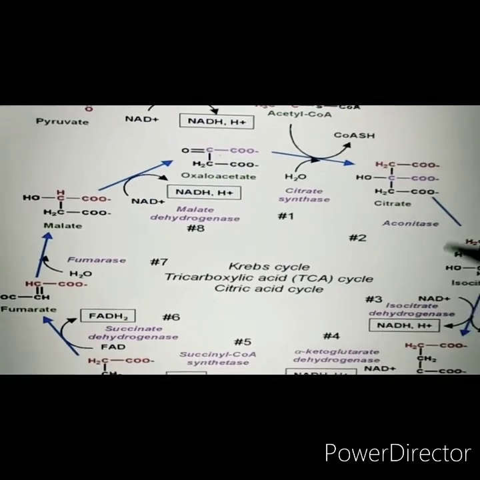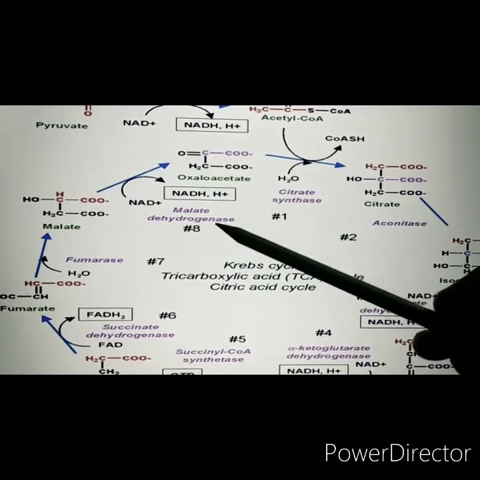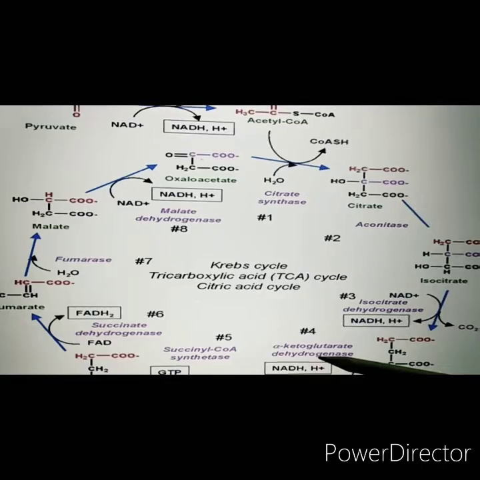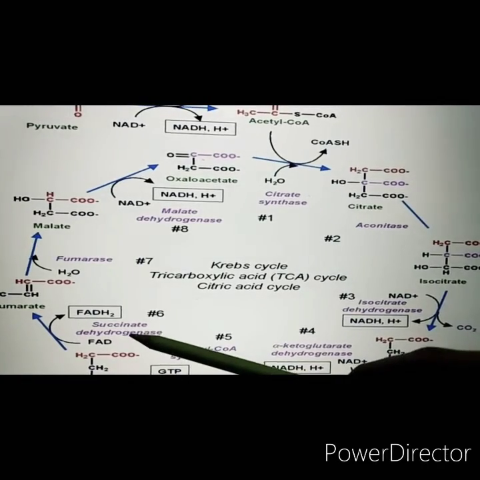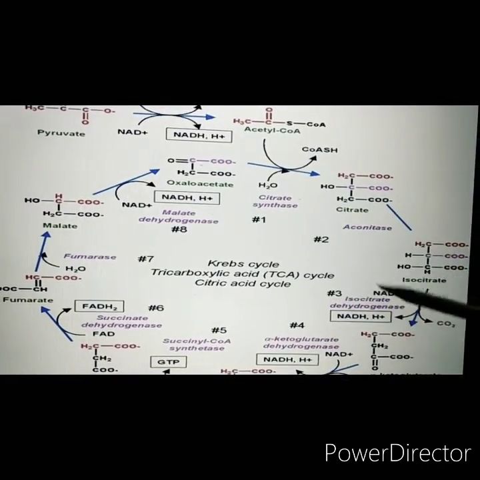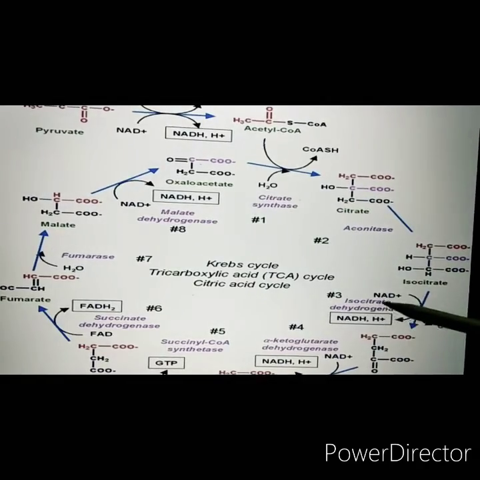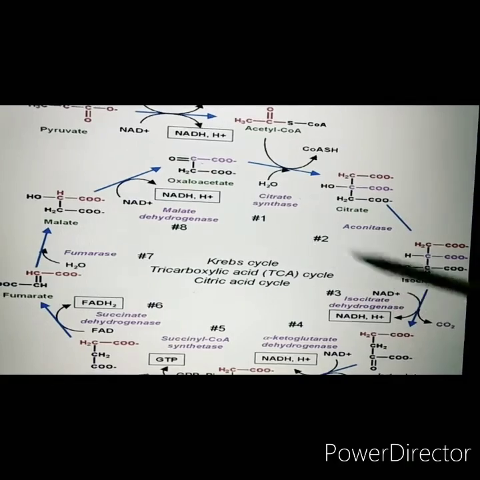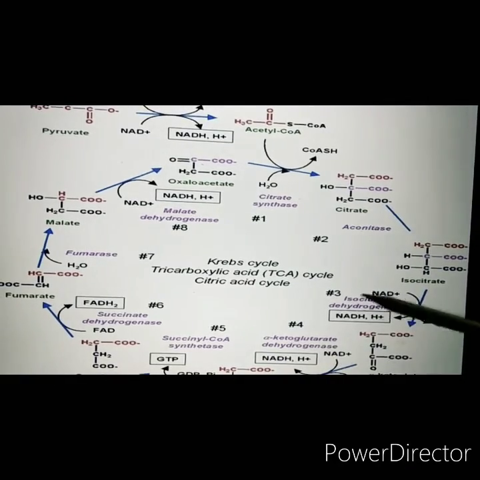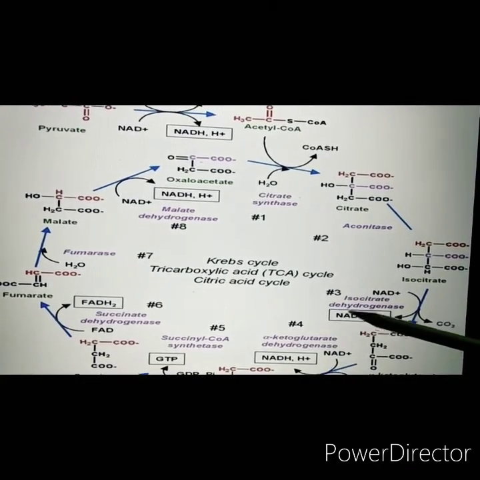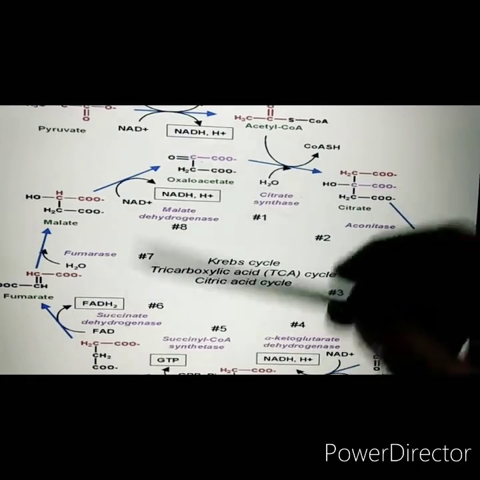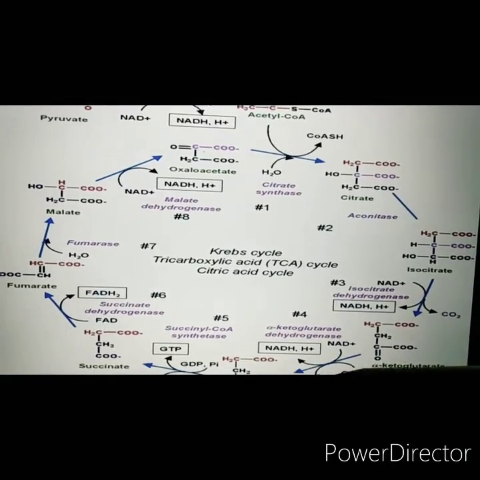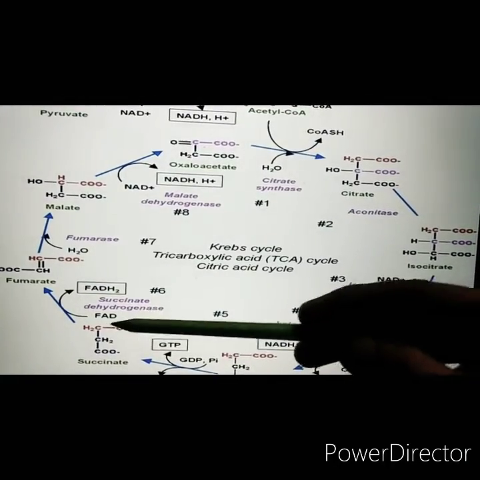Wherever the enzyme dehydrogenase is present, you can see malate dehydrogenase, isocitrate dehydrogenase, alpha ketoglutarate dehydrogenase, and succinate dehydrogenase. In these places, either NAD plus or FAD is being taken into account, and there is reduction of these coenzyme molecules and removal of hydrogen from the substrate.